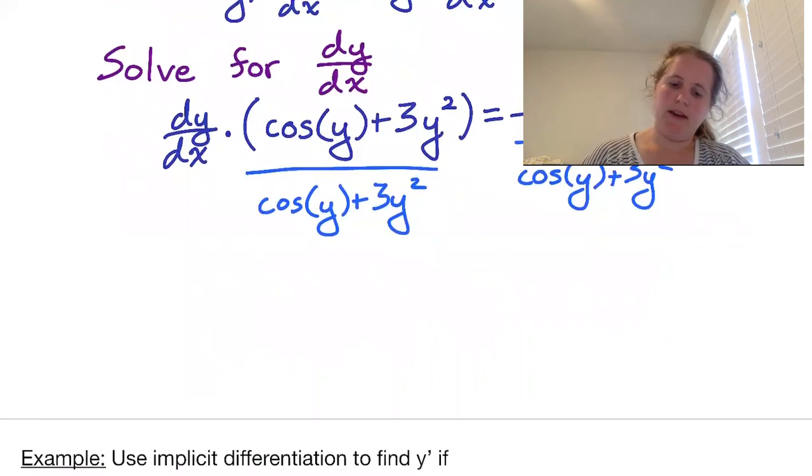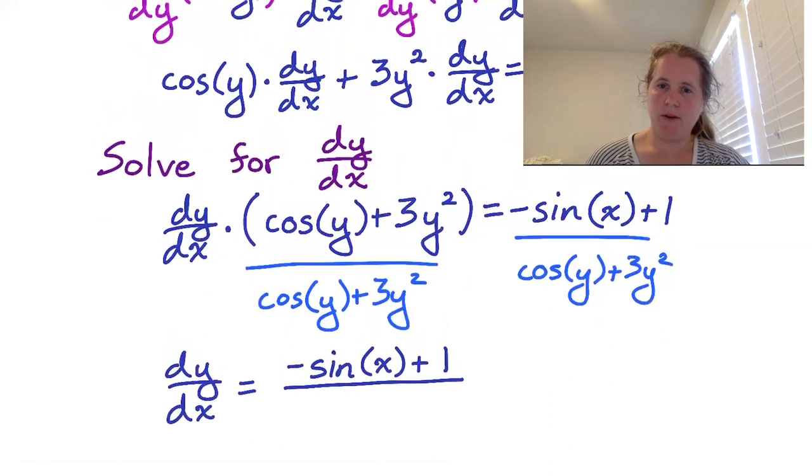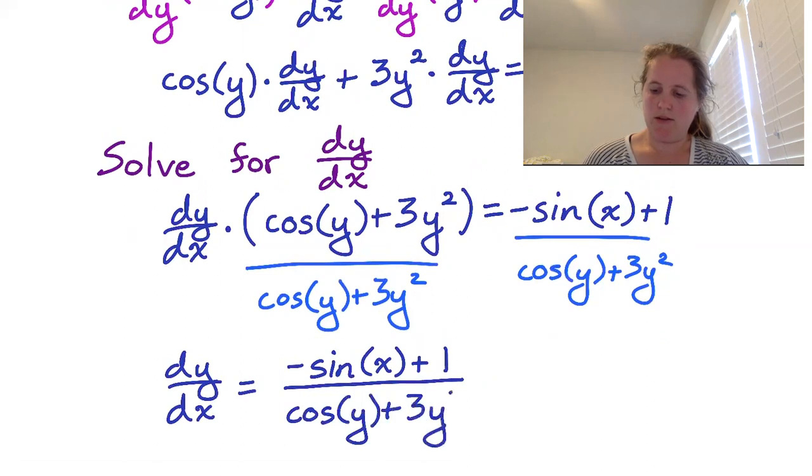And we wind up getting dy dx is equal to negative sine of x plus 1 all over cosine of y plus 3y squared. Again, dy dx is an alternative notation for y prime. So this is also what y prime equals.